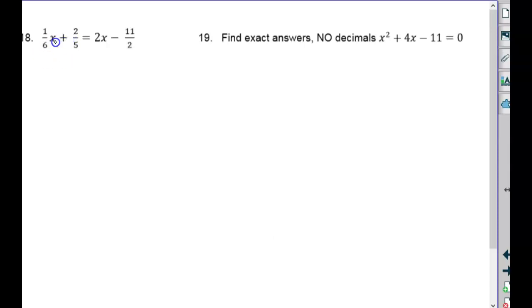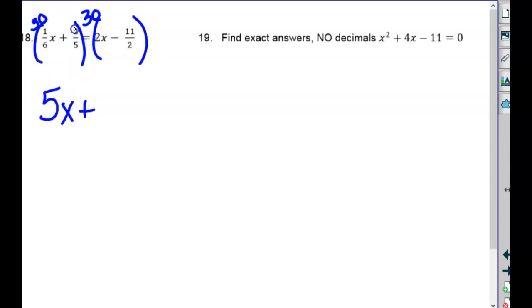Okay, free response. Multiply by the common denominator. When you multiply everything by 30, what will happen? We'll have 30 times 1 divided by 6 is 5. That one has an x. 30 times 2 divided by 5 is 12. Equals 30 times 2x, which would be 60x.